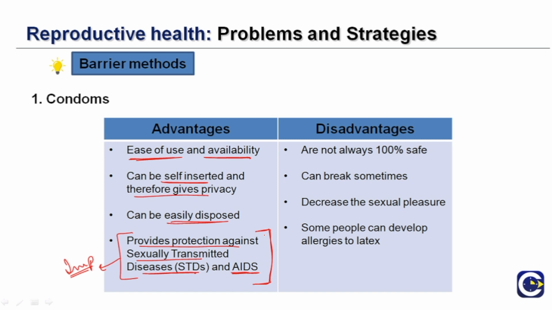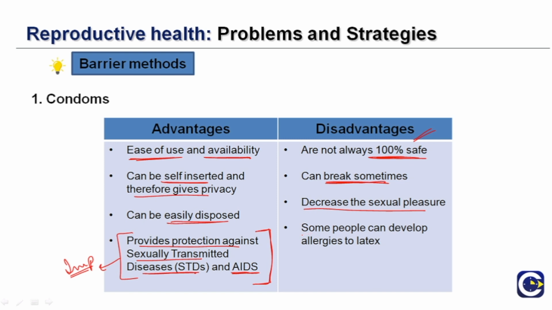In some cases, there are also some disadvantages. They are not always 100% safe. The safety is between 95 to 99%. And in some cases, it can break. Sometimes it can also lead to a decrease in sexual pleasure.